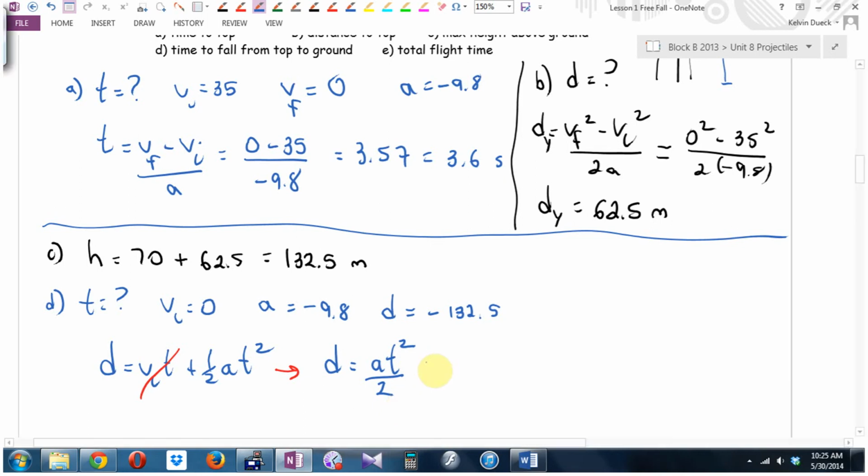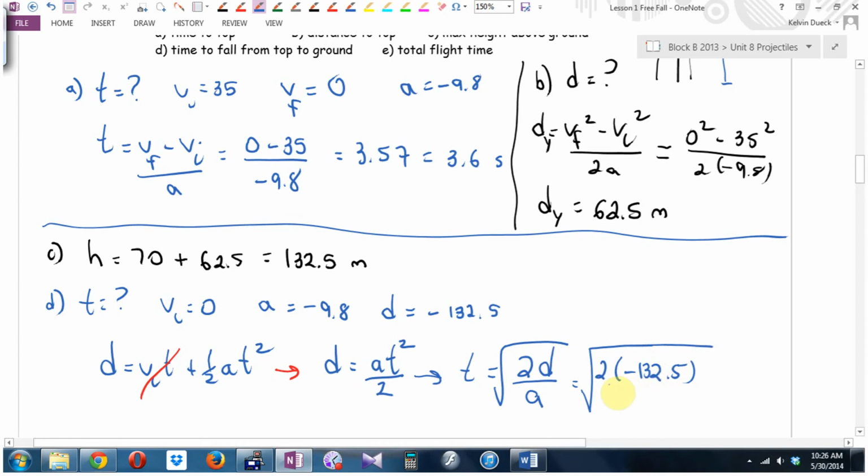So if I hear you correctly, T is going to be the square root of 2 times D divided by A. It's going to be the square root of 2 times negative 132.5 divided by negative 9.8.